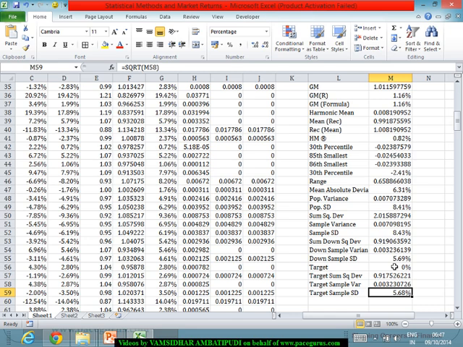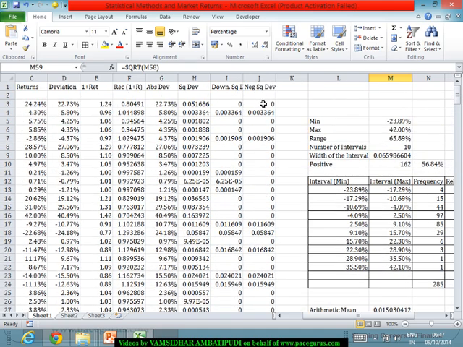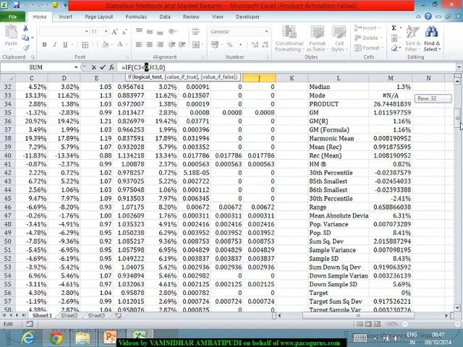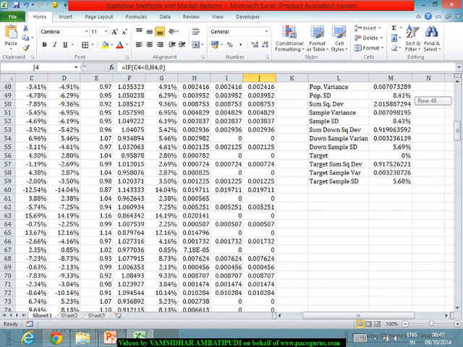Whereas I can set a different kind of target altogether, and based on that I could see what is happening to my sample variance and sample standard deviation. So instead of directly taking it with respect to 0, I'll take it with respect to this particular value which I have set as a target. So what could happen now if I say my target is a minimum of 1% monthly return?